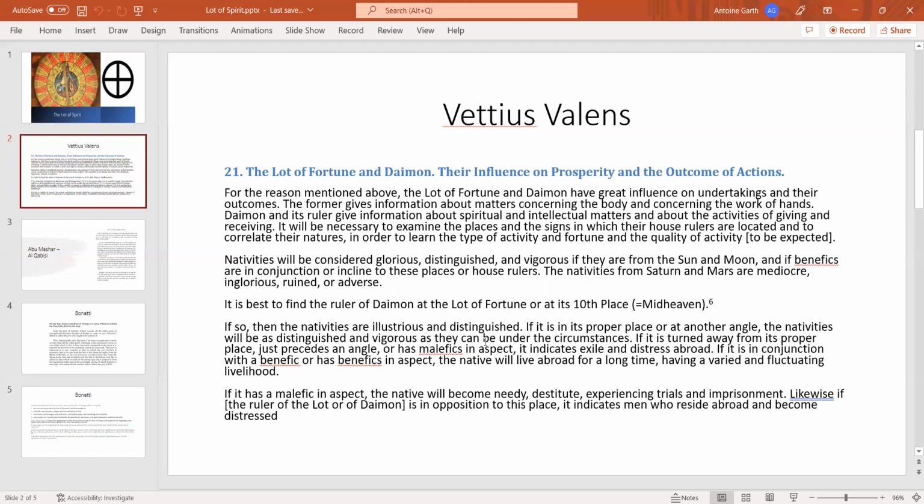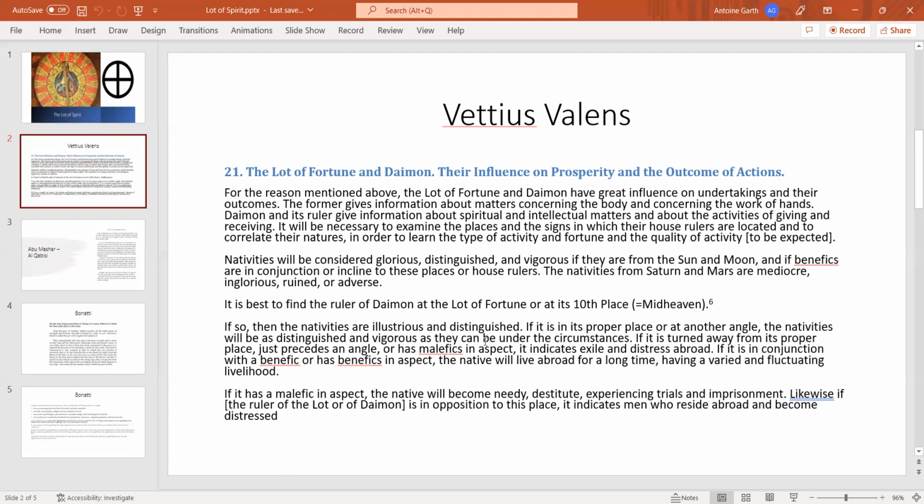Just like the part of father represents the fourth house, now the sun and the moon each have their lots. One of the things we thought we would do today is look at the fact that each planet has a lot connected to it, so we might choose to look at some of those as well.